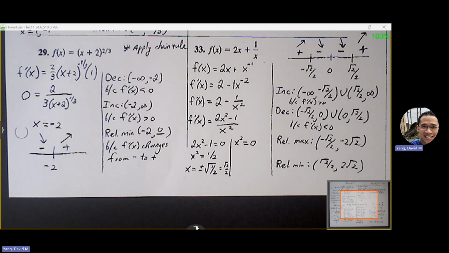Now that our f prime is cleaned up, we can set both the numerator and denominator equal to 0. Find critical points, place all of our critical points onto our sign line, and then test each subinterval. Plus or minus 1 over root 2 is the same thing as root 2 over 2, so you don't have to rationalize the denominator.